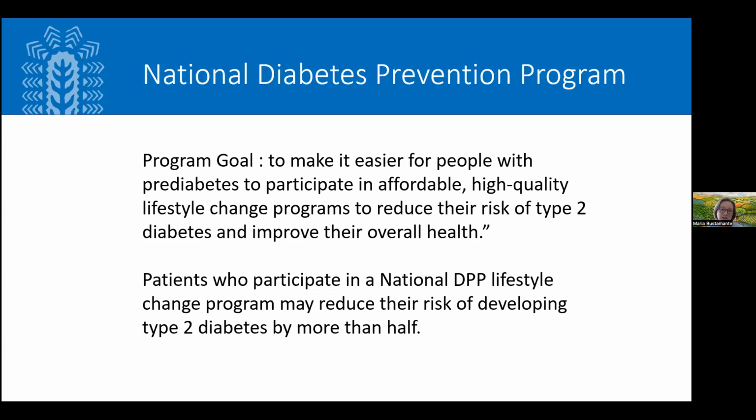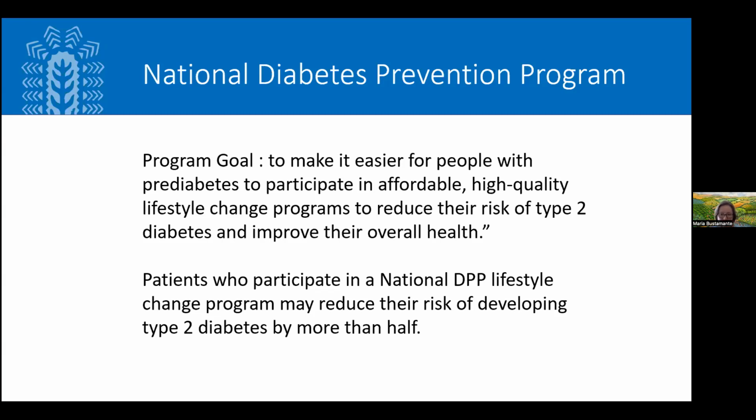The lifestyle change programs reduce the risk of type 2 diabetes. People who participate in the lifestyle change program may reduce their risk of developing diabetes by more than half.